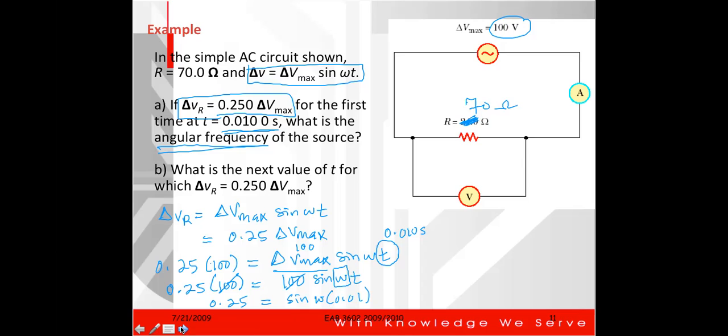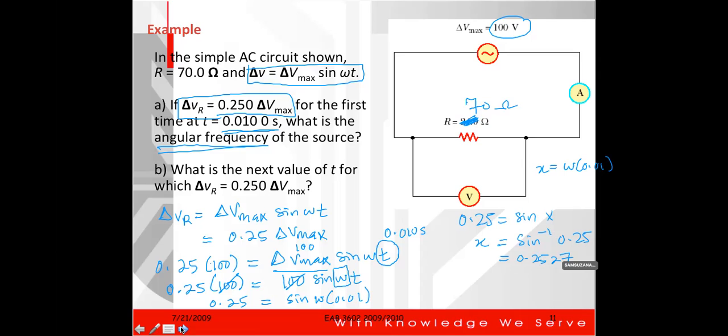Okay. So let's say kita jadikan dia macam ni. 0.25 is equal to sin X. So we know X is equal to omega 0.01 lah. So X is equal to inverse sin 0.25. You akan dapat 0.2527.